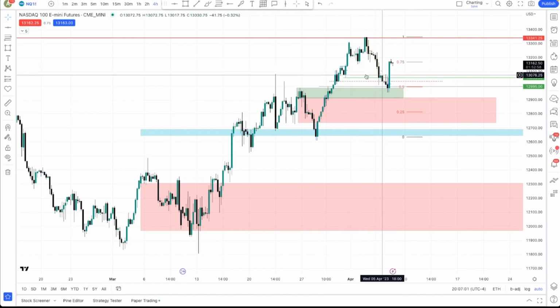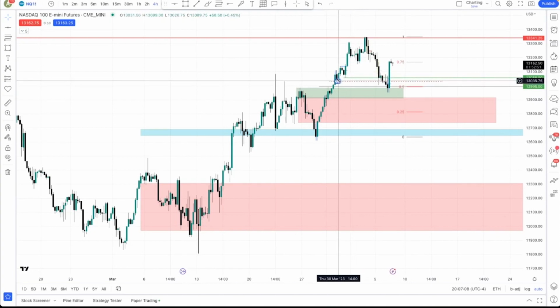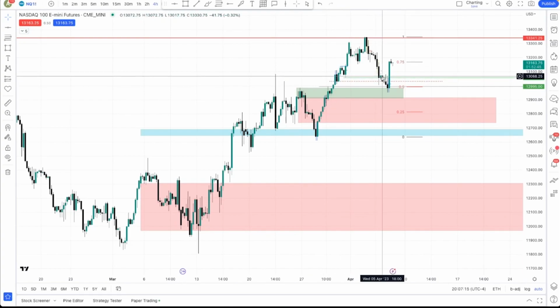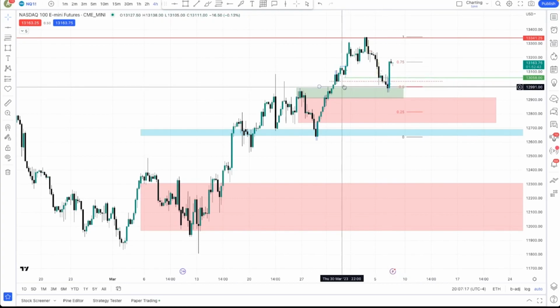Well, this 4 hour candle, price blows right through this one and digs into this one, and then kind of comes back up, or respects the mean threshold, but then blows through it again.